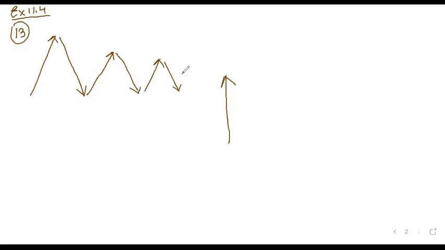The question was to write down an expression in terms of n for the height that the ball rises after the nth impact. So what is the impact? Impact is basically the bounce.